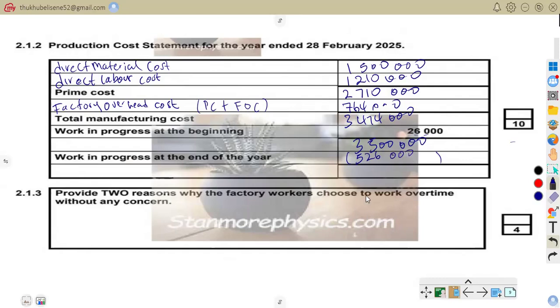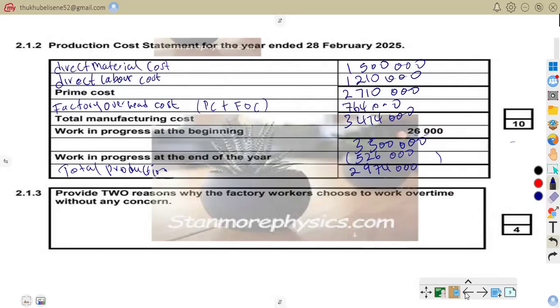That is that. So our total production is going to be 2,974,000. So that was that.